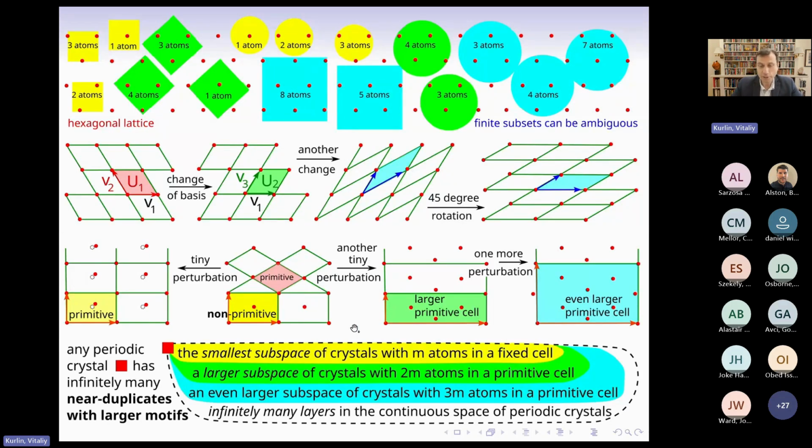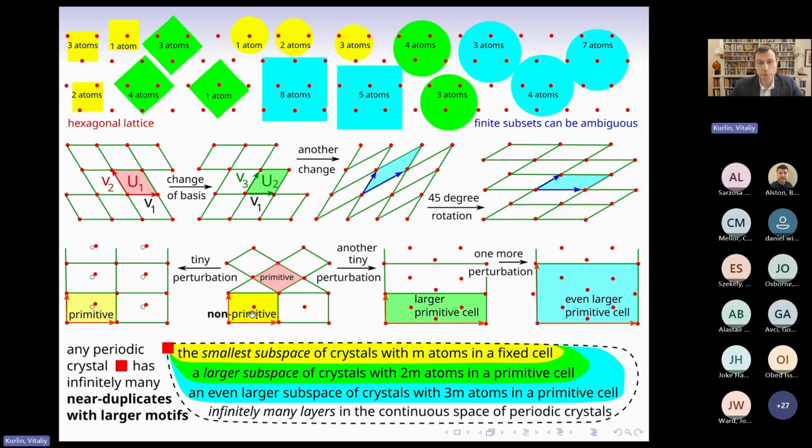But the main challenge of traditional representations is this discontinuity illustrated in this row. So a hexagonal lattice has a small primitive cell, a parallelogram or rhombus shown here. And this more conventional rectangular cell is not primitive. It also can be used for representing a hexagonal lattice.